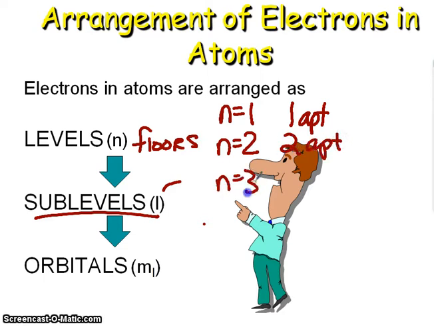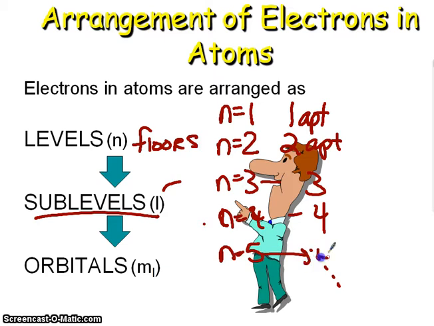The third floor has 3 apartments, and the fourth floor has 4 apartments. Technically it would keep going, 5 apartments, 6 apartments, 7 apartments, but based on the elements we know of in existence, on the 5th floor and up we only fill 4 apartments on those floors. In theory, it would have 5 apartments, 6 apartments, etc.